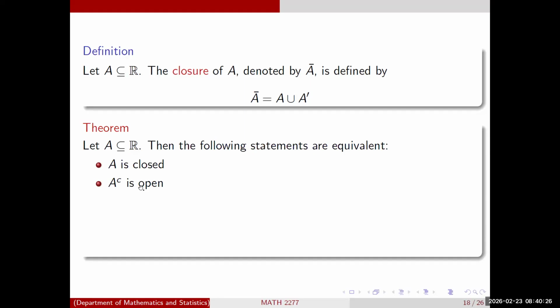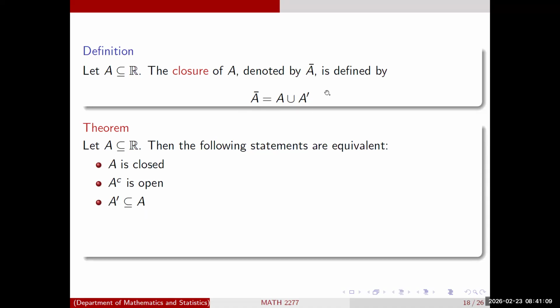Or another way of saying it: a set is closed if the limit points of A are contained in A. In a lot of books, they may define a set as closed if it contains all its limit points. This is how you should think of what a closed set is. Anytime you're dealing with closed sets, the way you should interpret that is that it contains all its limit points.